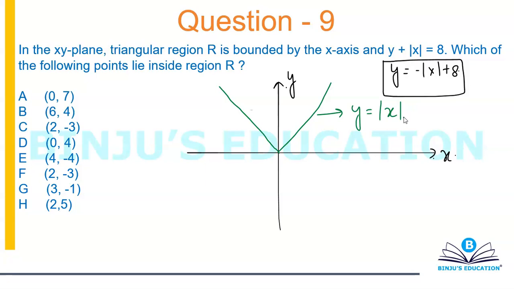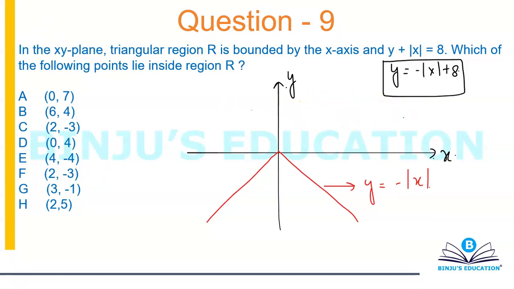So your graph will become something like this. This is y is equal to minus mod x. Now I'll remove the green part. That's not required.